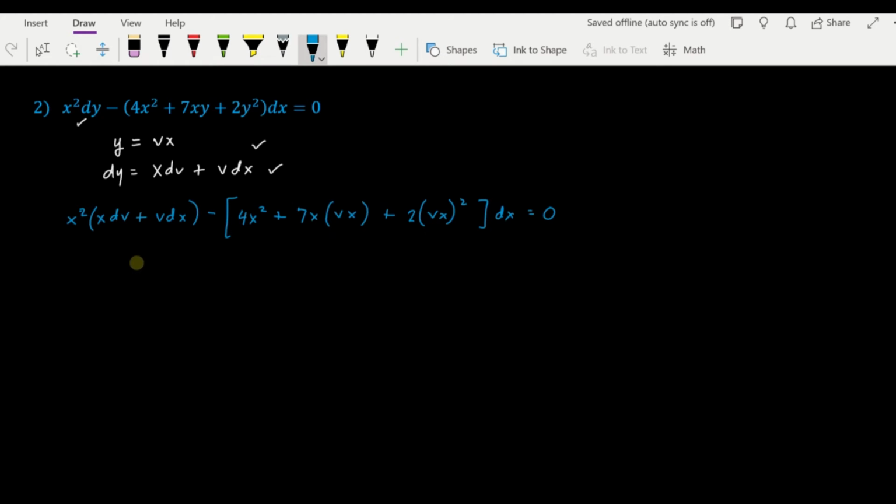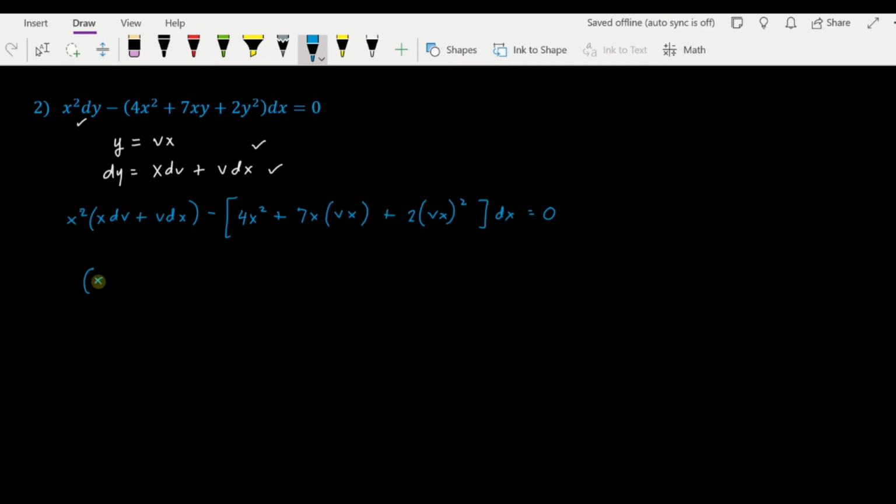So, as you can see, check nyo ulit, di ba ito, single term lang to, x squared. May factor siya na x squared. Ito, may factor na x squared. Then ito, 7x vx o 7x squared v, di ba? So, may x squared din. Then ito, x squared meron. So, i-divide ulit yan both sides by x squared. So, makakancel na yung mga x squared kada term. So, mawawala na to.